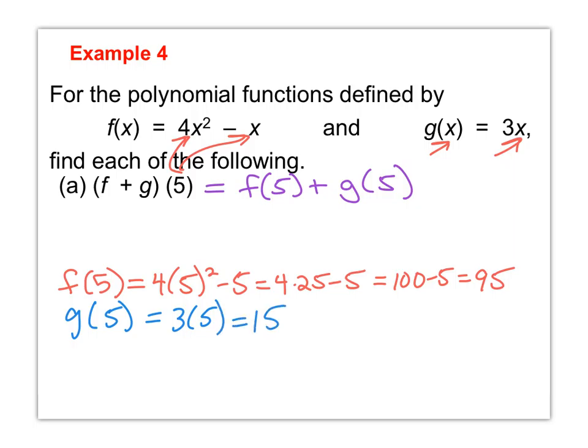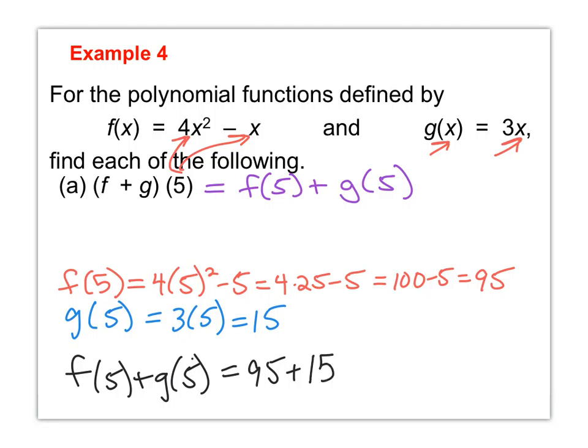So our f of 5 plus g of 5 is 95 plus 15, which is equal to 110.